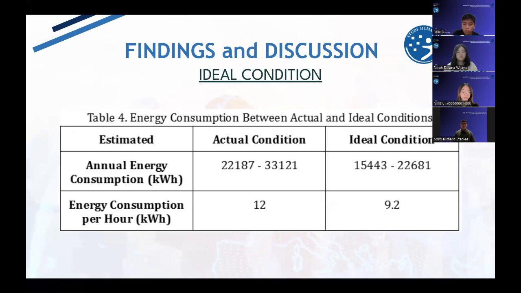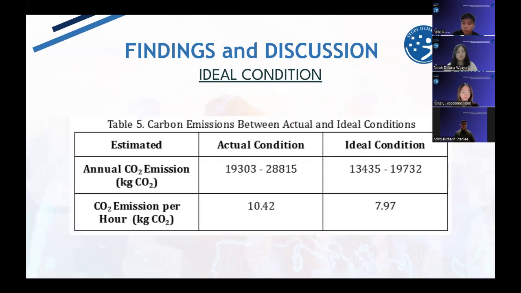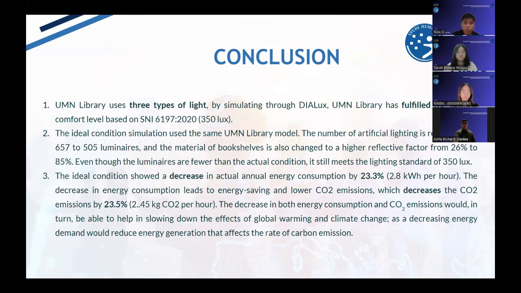There is a decrease in energy consumption of 23.3%, which is 2.8 kilowatt hour per hour. For the carbon dioxide emissions, there is also a decrease of 23.5%, which is 2.45 kilogram carbon dioxide per hour.